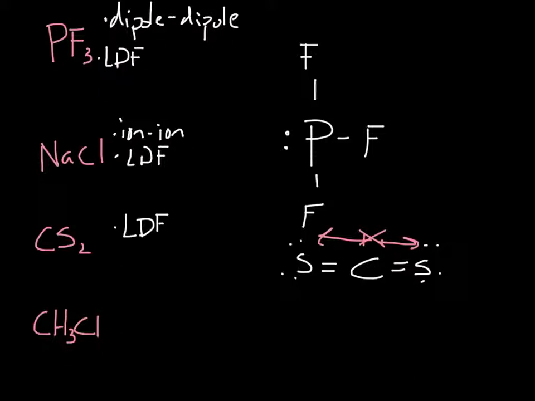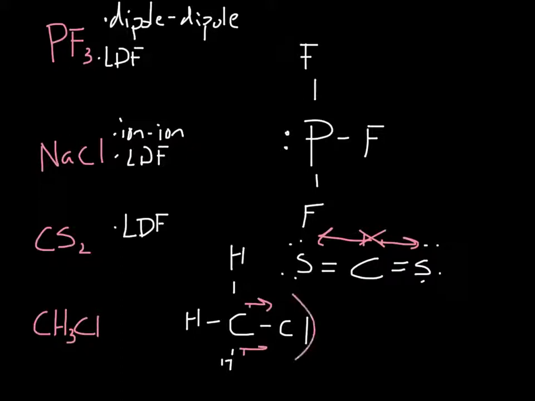And then finally, methyl chloride. So we're going to have carbon bonded to 3 hydrogens, and that's going to be bonded to a chlorine. Right here, it's going to have a tetrahedral shape, but it is not a symmetrical tetrahedral shape. Chlorine, which is the most electronegative, is going to pull the electrons towards it.